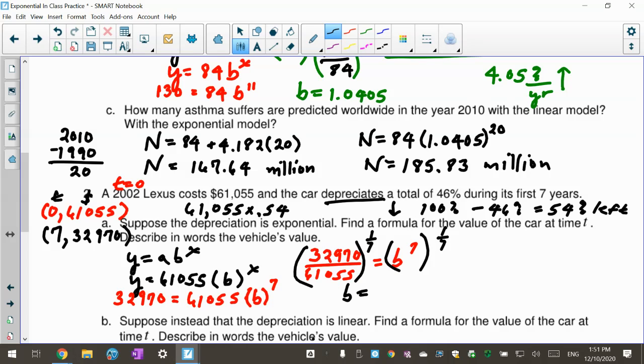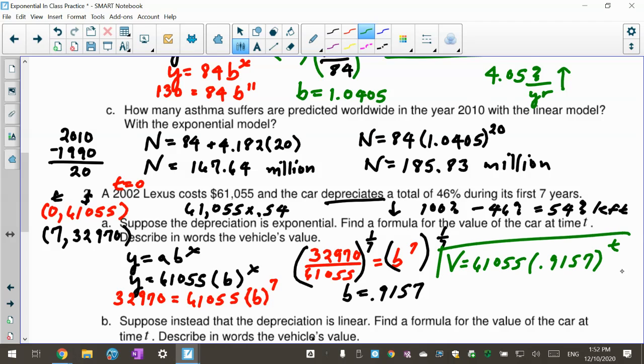So I find my b to be actually 0.9157. I want you to go at least 4 decimal places. The value equation, if this depreciation was exponential, is my initial value of 61,055, and it's 0.9157 to the t. So that is my exponential equation.